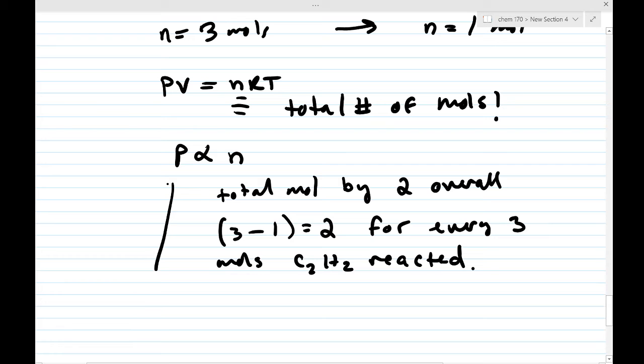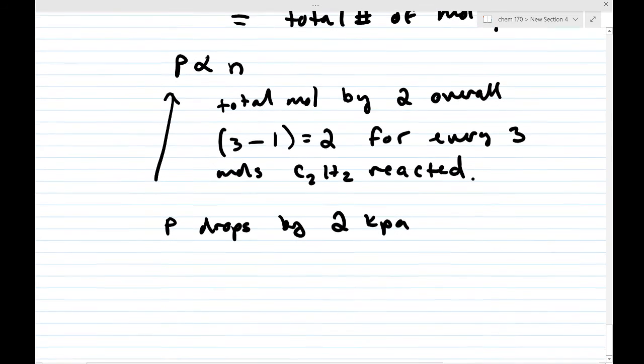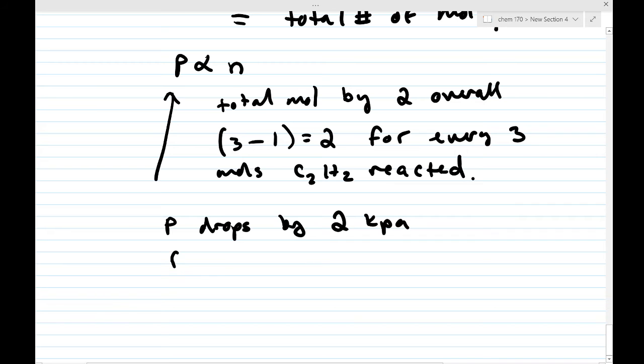And because the pressure is proportional to the number of moles, the pressure is going to drop by 2 kilopascals for every 3 kilopascals of C2H2 reacted.